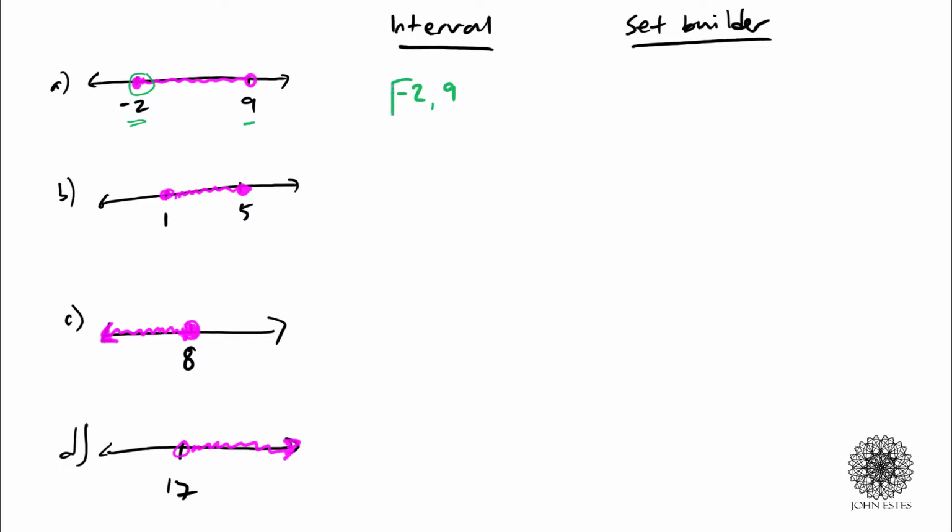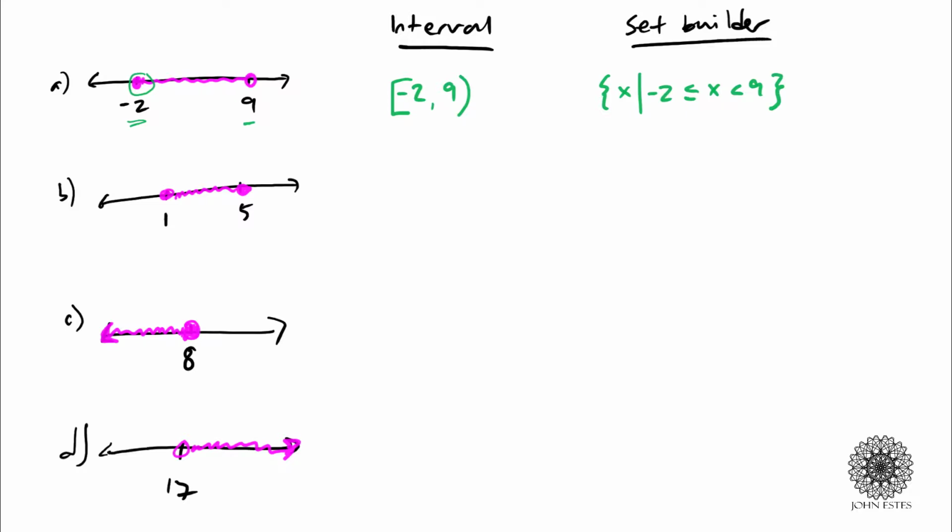That means that -2 is included in my answer, but 9 is not. So everything up till 9. So that's my interval in interval notation. In set builder notation, I use my braces, and I say this looks like all the x's, such that x is greater than or equal to -2 and less than 9. And so there's my answer in set builder notation.